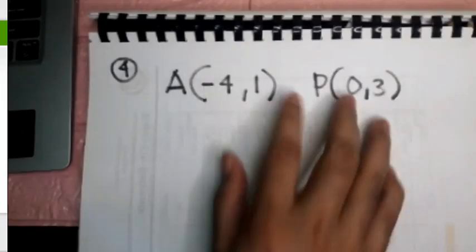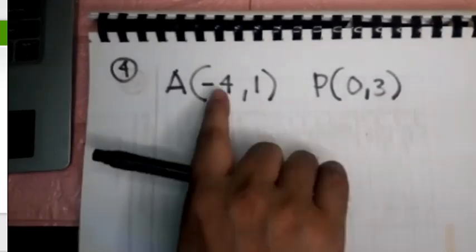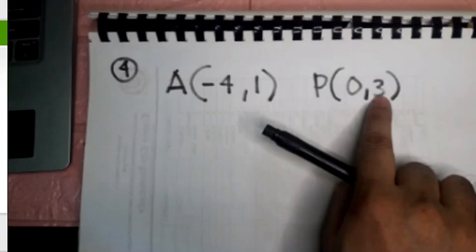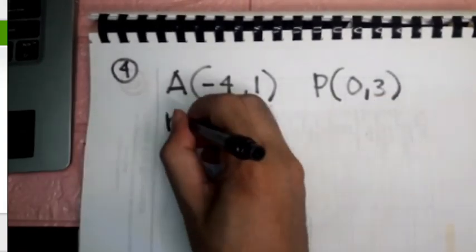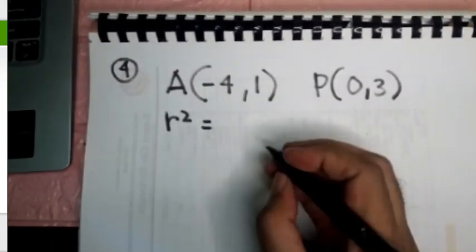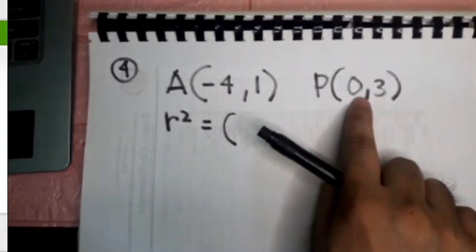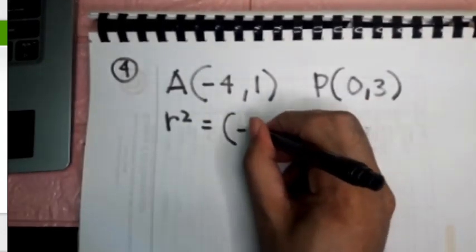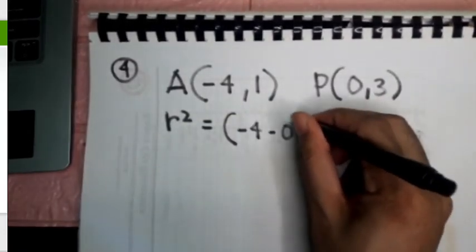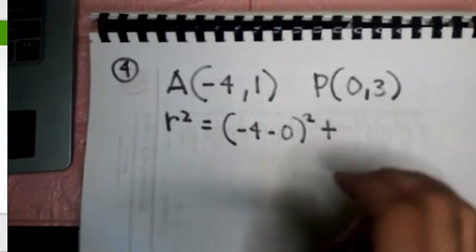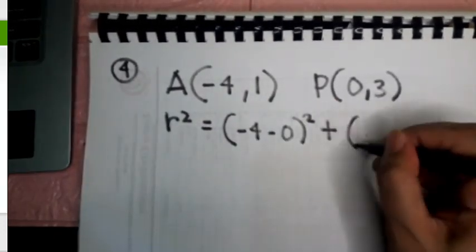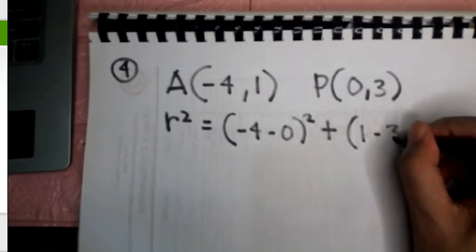We can find the radius, because the radius is the distance from the center to the point P. So we can calculate r squared: x1 minus x2, so negative 4 minus 0 squared, plus y1 minus y2, that is 1 minus 3 squared.